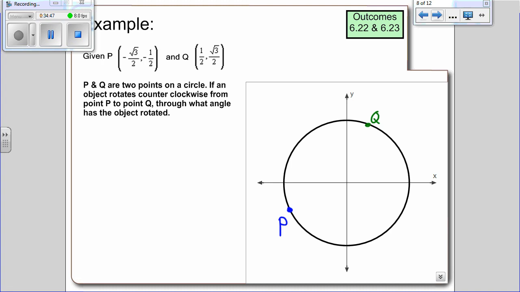So it went from point P all the way around to point Q. They want to know the angle that that creates.